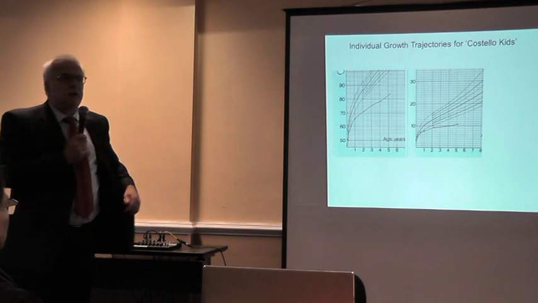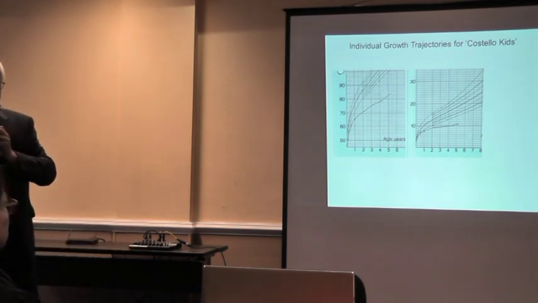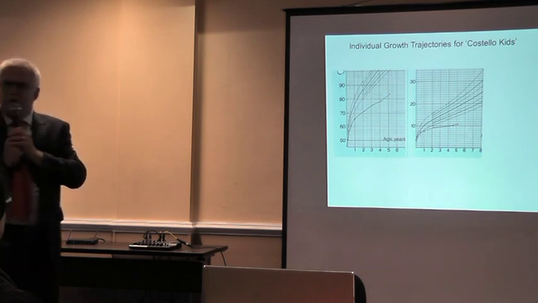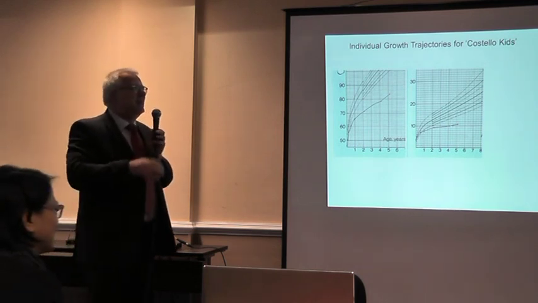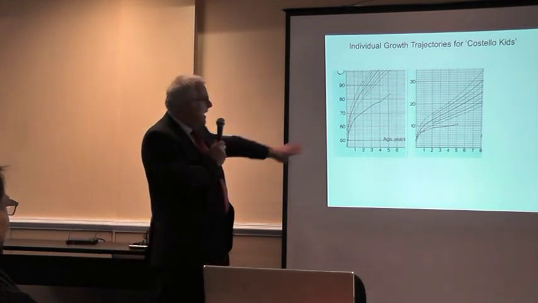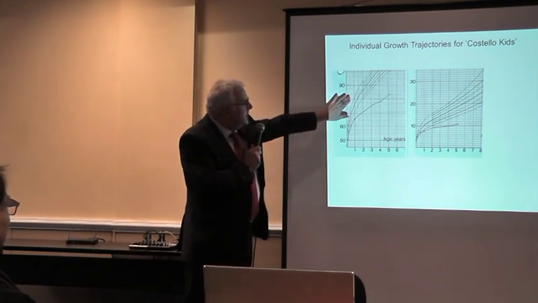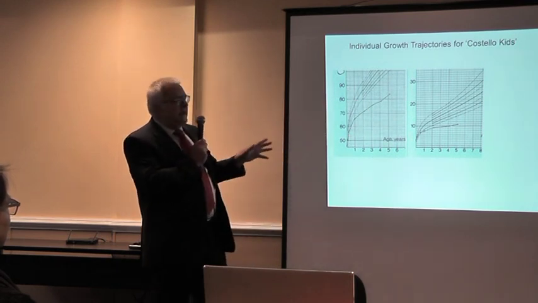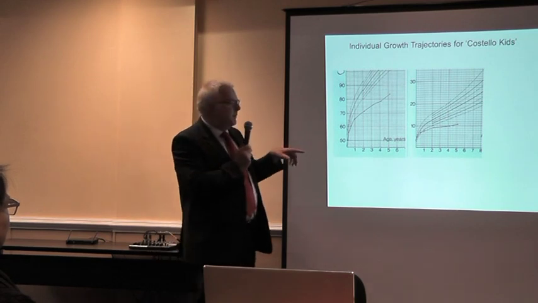So let's just have a look at some of these. They are rather old slides, but I think this one probably came from you, Colin. I remember you collecting some growth charts in the early years. This is a boy, hence the blue, and this is the height and the weight. So you can see a number of things that I've already talked about.